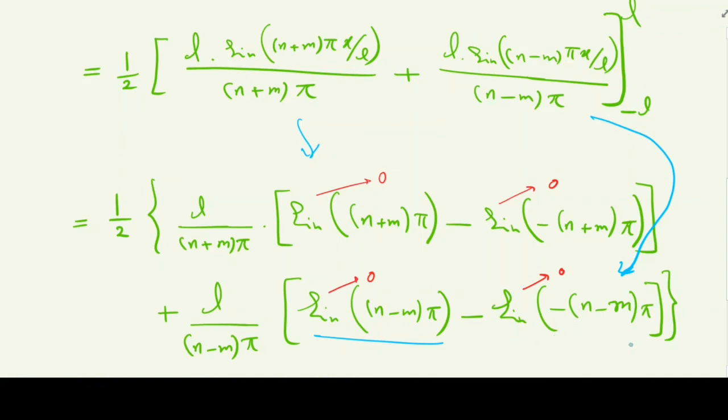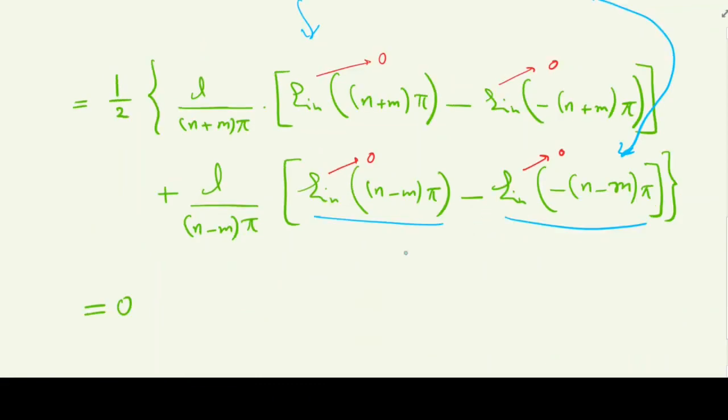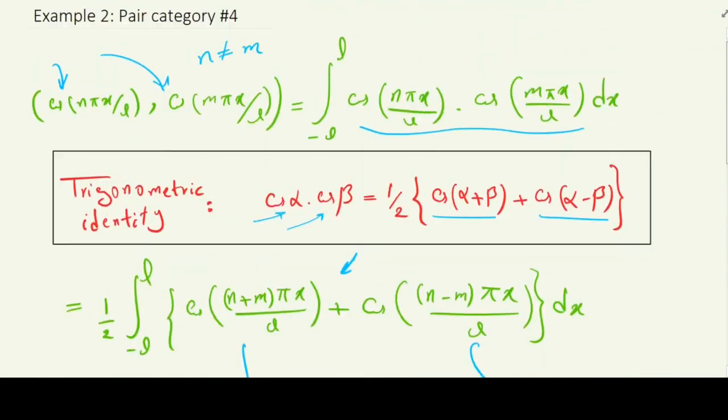So again, you end up with a bunch of sine terms whose arguments are just an integer multiplied by pi. If you look at them carefully, all of them have an integer multiplied by pi, so the sine of that is 0. So this inner product is going to be 0, too.